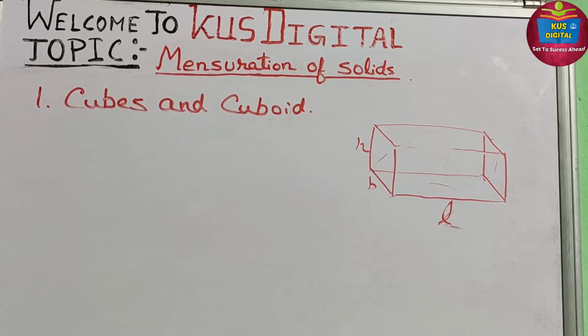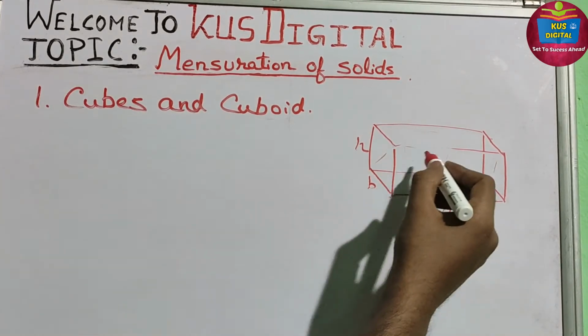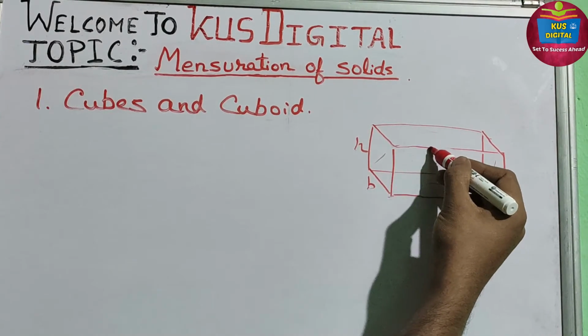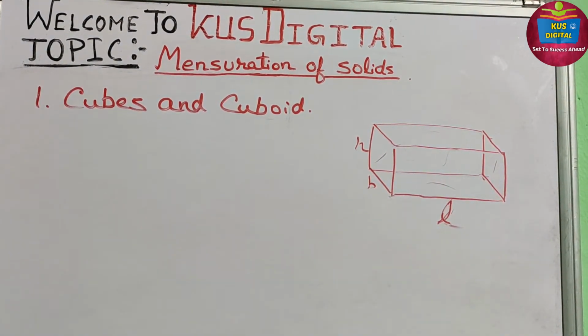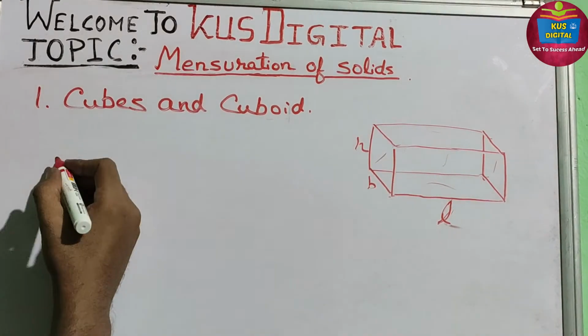Now as it differs, its volume, surface area and diagonal also differ from a cube. So how to find that out? First of all, let me unfold this cuboid. After unfolding, what will we get?